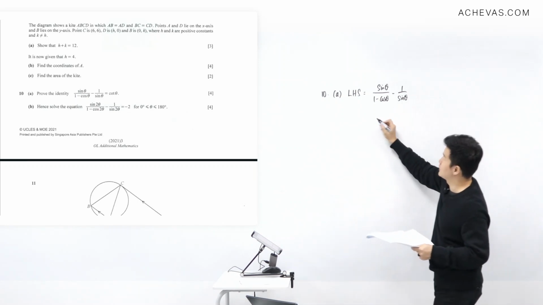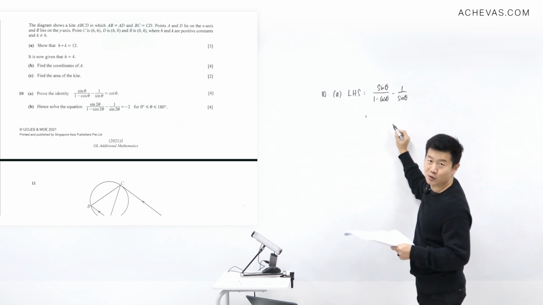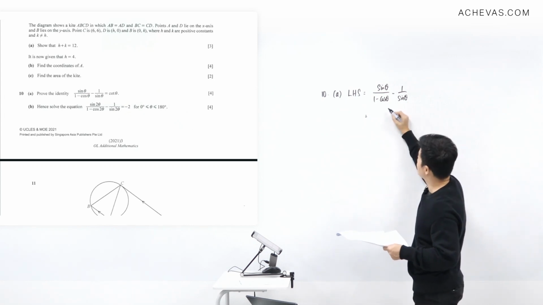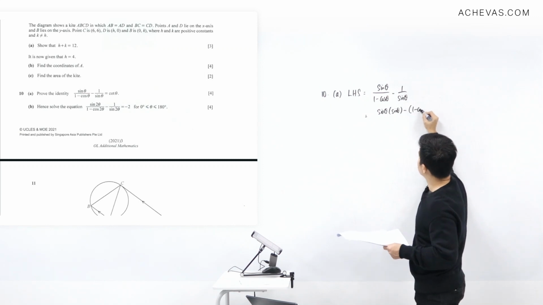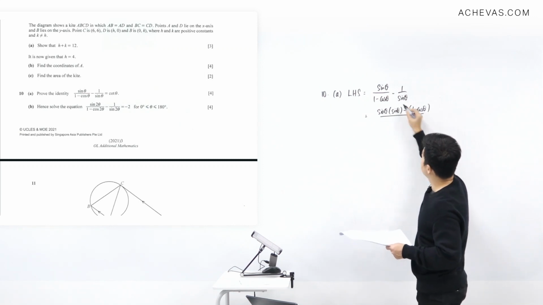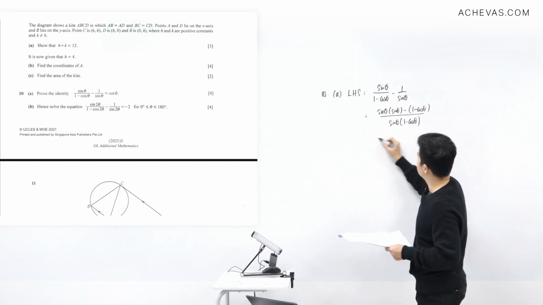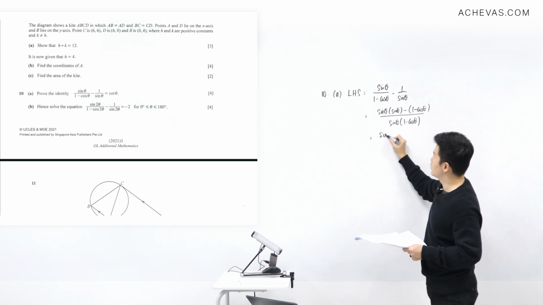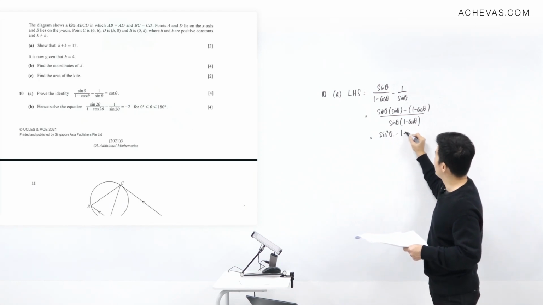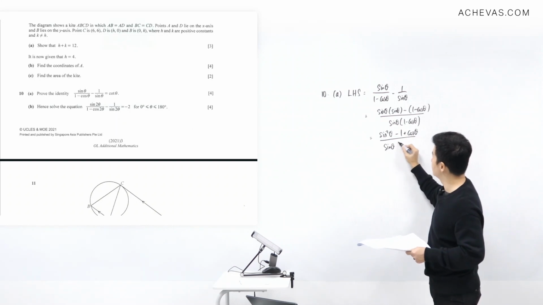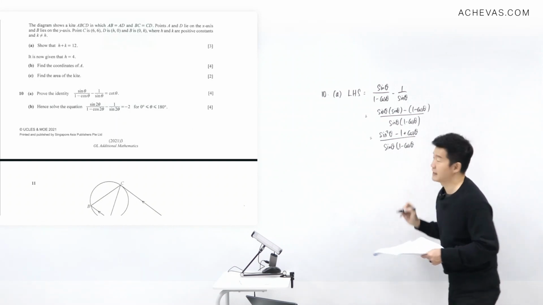So I'm choosing the left-hand side to start off with, and I'm going to combine this into one single fraction. So this will be sine theta multiplied by sine theta, minus away 1 minus cosine theta, divided by sine theta times 1 minus cosine theta. So we have a sine square theta here, minus away 1 plus cosine theta, divided by sine theta times 1 minus cosine theta.